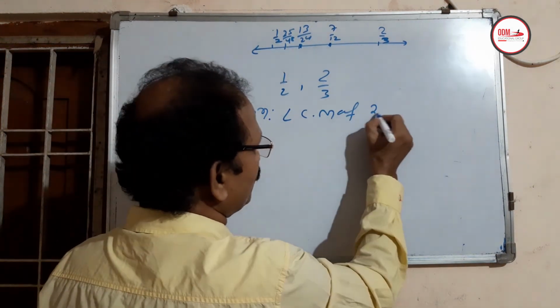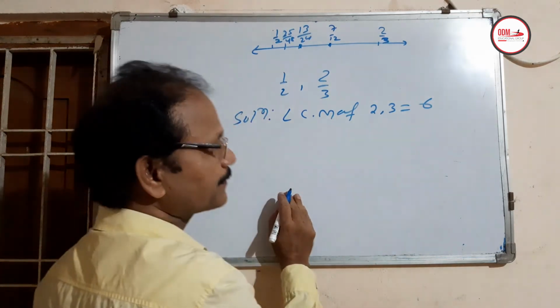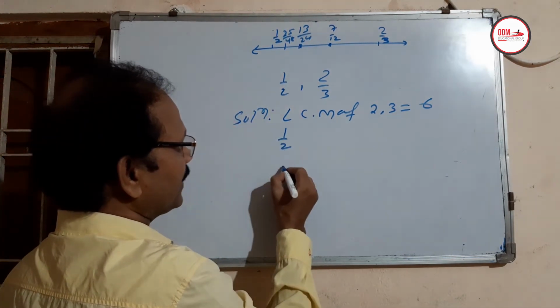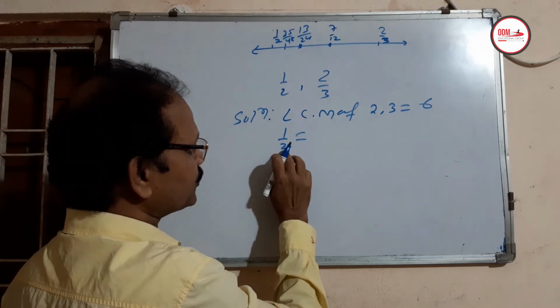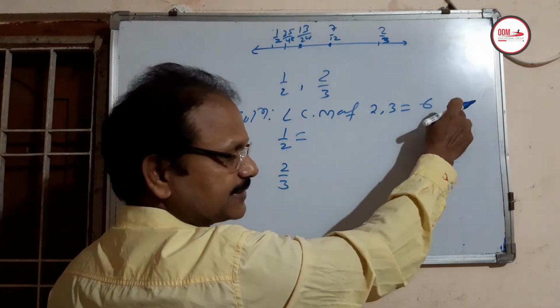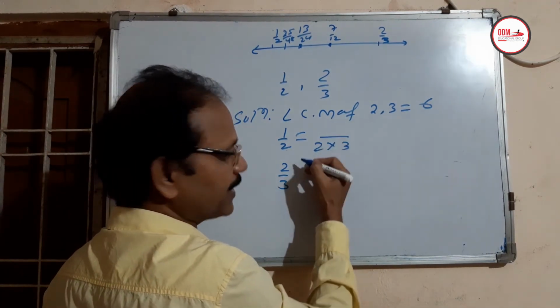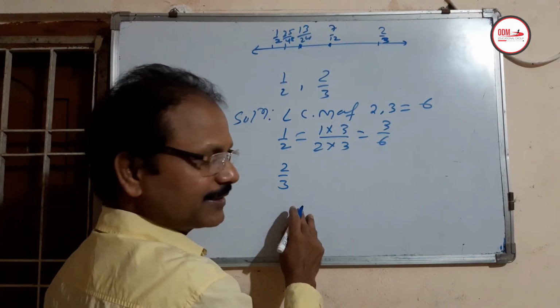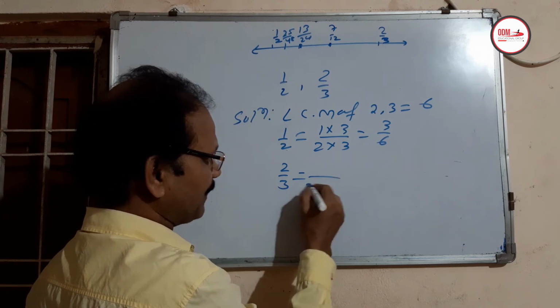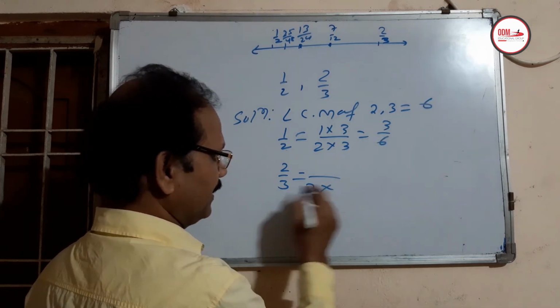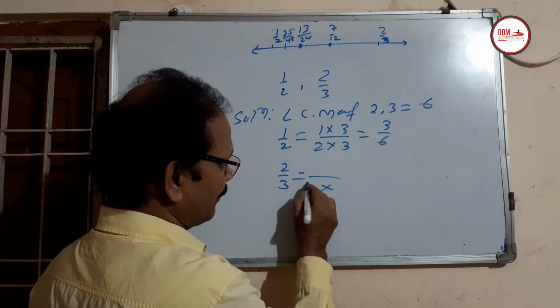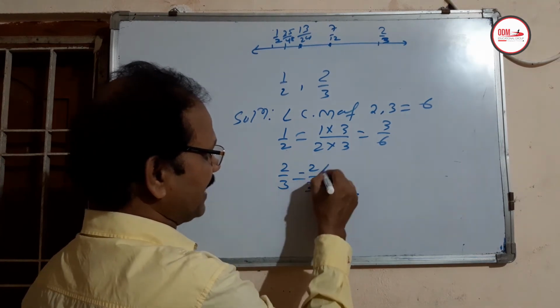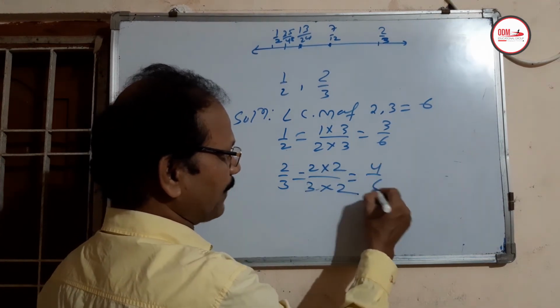LCM of 2, 3 is equal to 6. Now 1 by 2, here 2 by 3. Now convert this denominator to 6 by multiplying 2 with 3. The same multiplying the numerator. So 3 by 6. Here, same way, multiply 2 to get 6. So here 3 multiplied by 2. The same thing multiplying the numerator, we shall get 4 by 6.